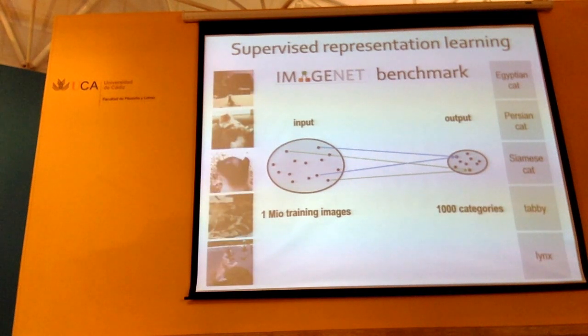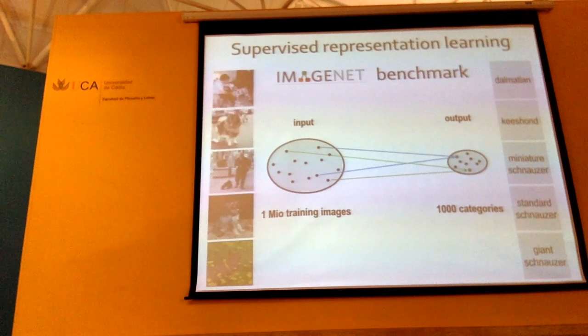There is also something intriguing about this ImageNet benchmark: not only do you have to distinguish coarse categories, but there are also all these distinctions between different types of cats and different types of dogs.